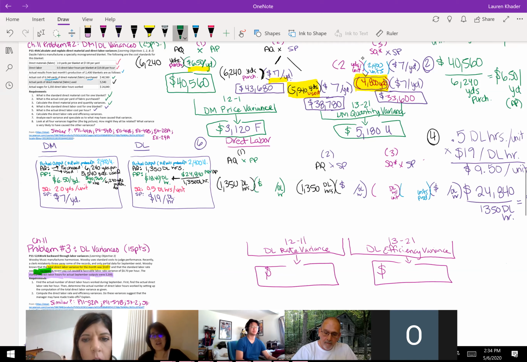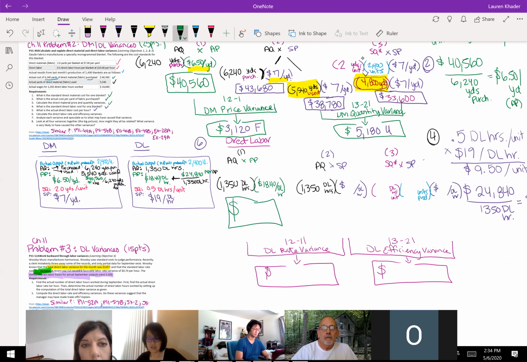For number 1, it's at the actual price, and the actual price paid per hour was $18.40 per direct labor hour. You multiply that times the 1,350 direct labor hours, and it recomputes to what was given: 24,840 was the total cost for direct labor.